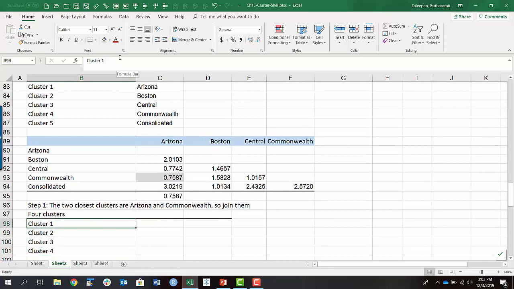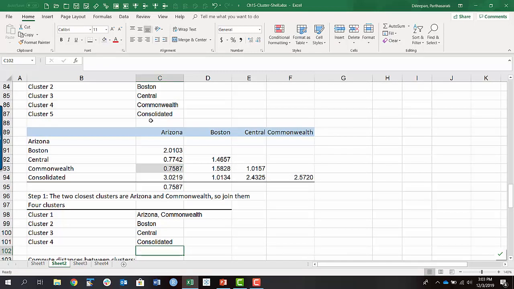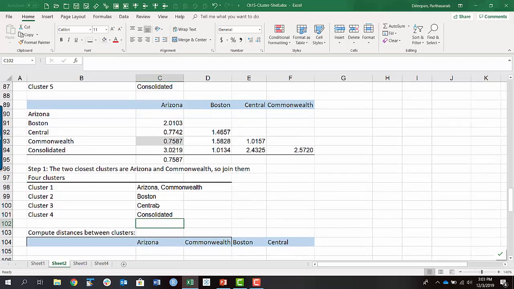The first cluster is Arizona plus Commonwealth, I'll put a comma there. The rest of them are single record clusters, and the last one is consolidated. So these are the 4 clusters at the end of step 1.